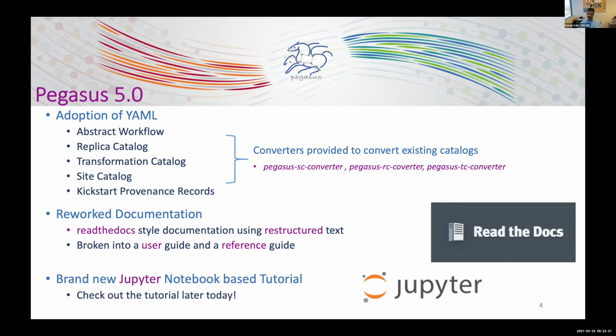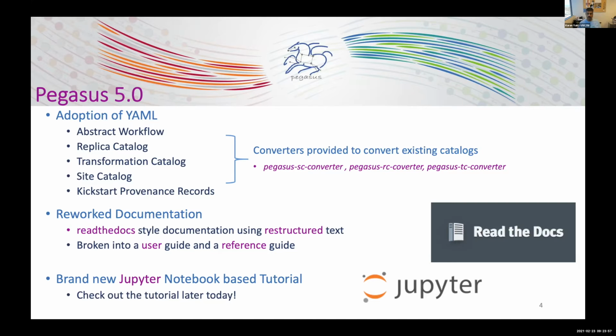We also heavily reworked our documentation. So we pretty much redid the documentation, and also we are displaying the documentation in a new format. So it's in the Read the Docs style documentation using reStructuredText. And we've tried to simplify our user guide by breaking it into two sections. So there's a user guide and a separate reference guide.